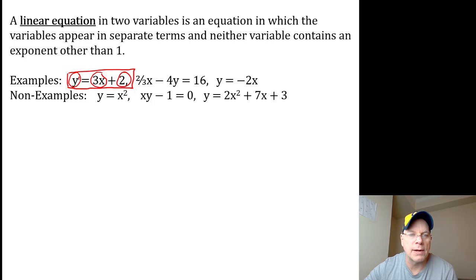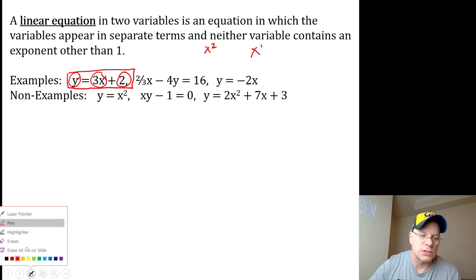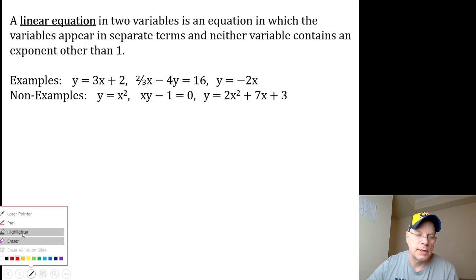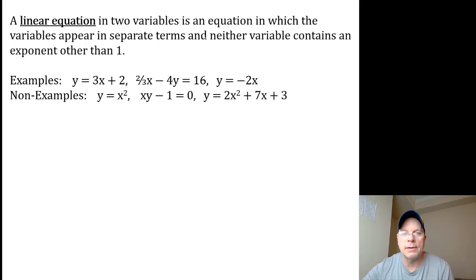This y is y to the first power. This x is x to the first power. If it was x squared, we would see an exponent of 2. If you don't see an exponent, the default is 1. And so when you don't see an exponent, it's to the first power. As long as we have two variables in separate terms, and neither of them contains an exponent other than 1, then it's a linear equation.